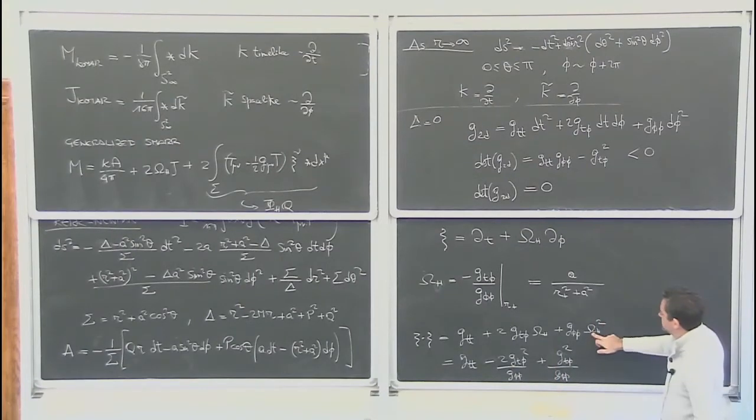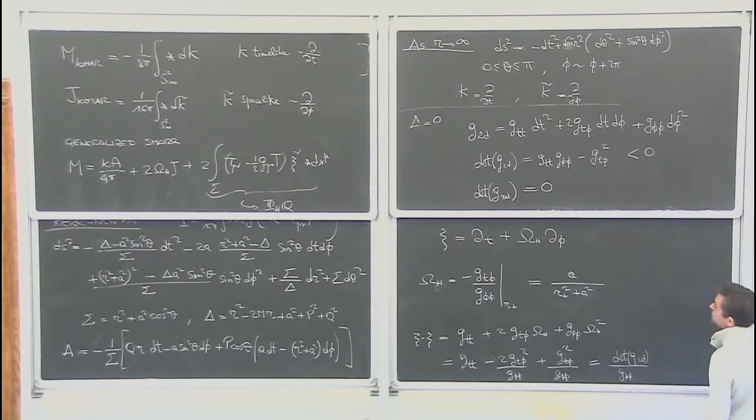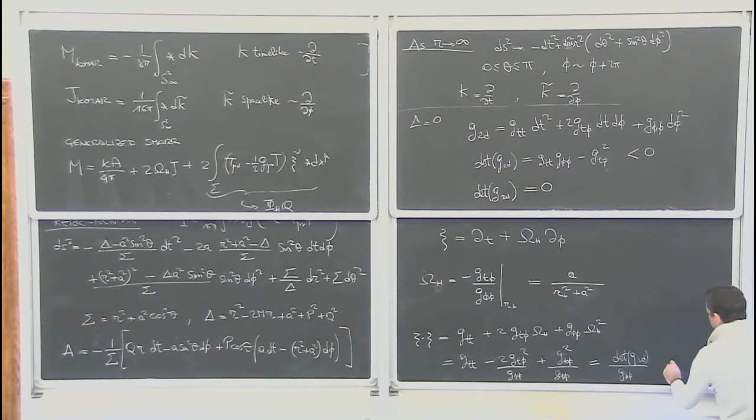Yes, I'm just replacing my definition of Ω_H in here. And so you see this is the determinant of g_2d divided by g_φφ. I gave the expression of the determinant over here, so it's just this. So it is 0 when evaluated in r_+.